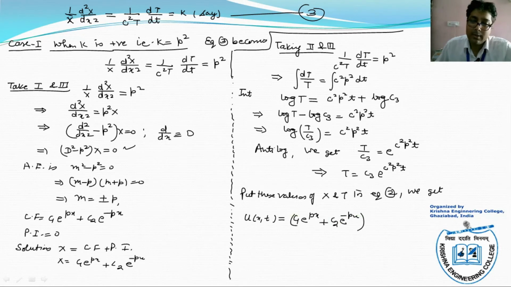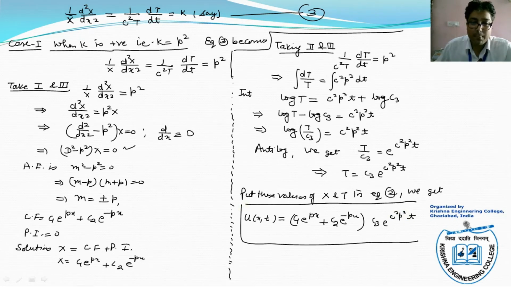Clear? And c3 e to the power c square p square t. This is equation number 4. This is the solution of the heat equation when k is a positive number, that means k is equal to p square. Now we take the second case on the next page.